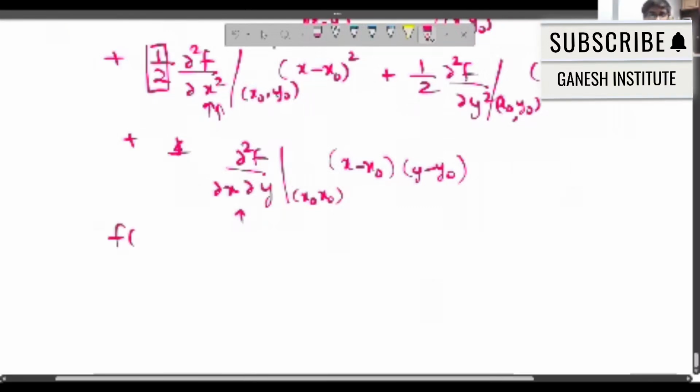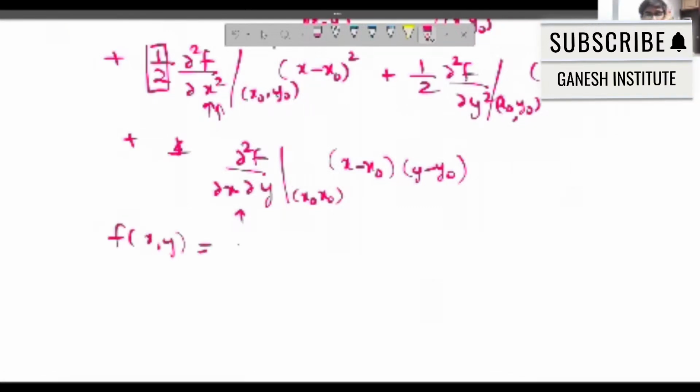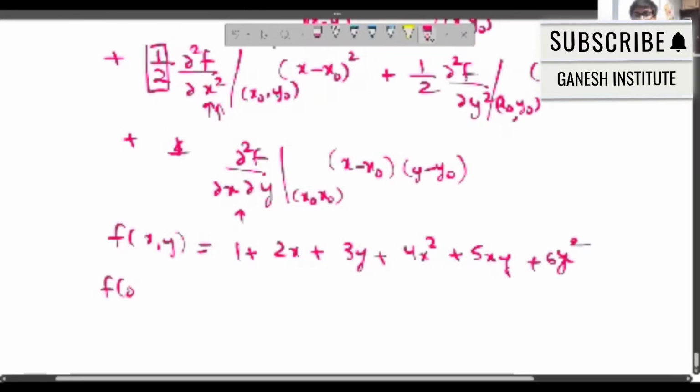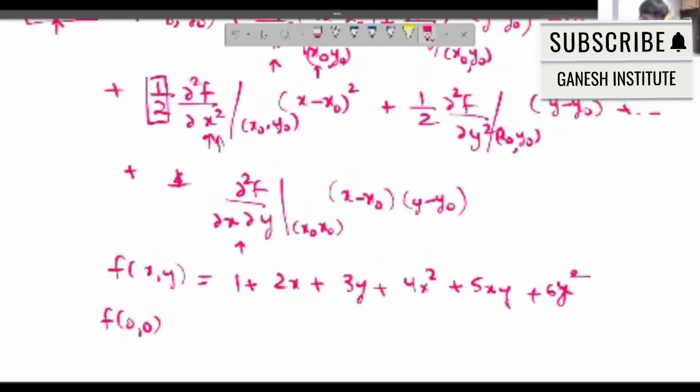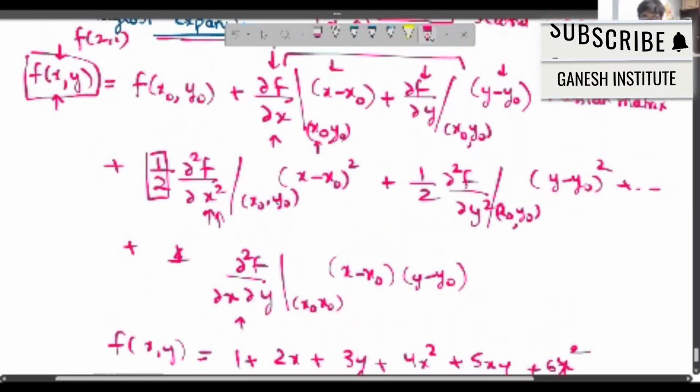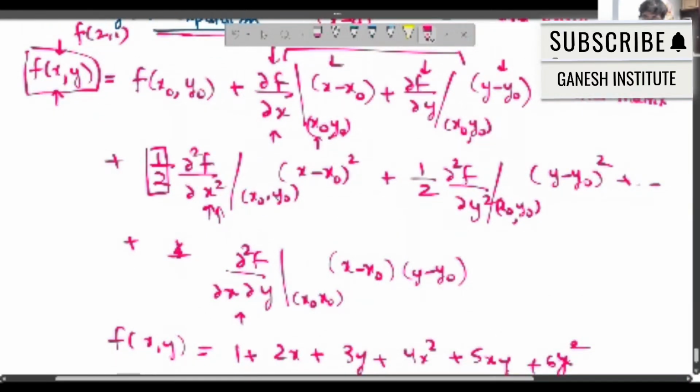Let's say if you are asked that this is your function, again, and then find the value. This was y. Find its value at 0, 0. Okay, now try this. Put down the values in this expansion.